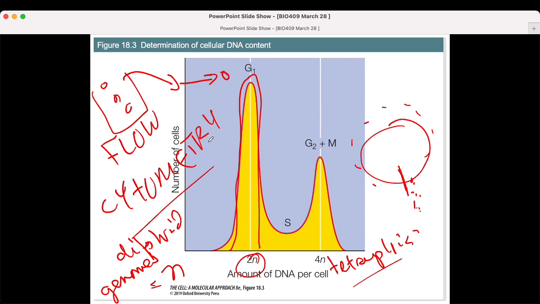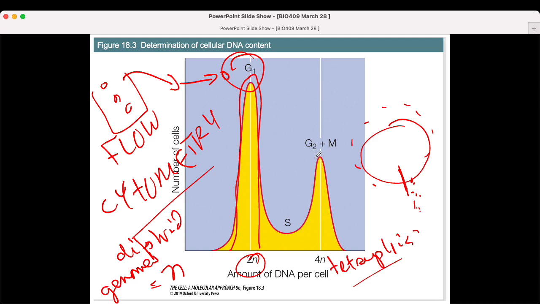And the textbook has just labeled what's happening. So there's this peak here. These are the cells in G1, and most of those are arrested at the red light. Then the light turns green, and the cells go through the S phase. So there is a small percentage of cells in S phase. And then there are typically a bunch of cells in G2.